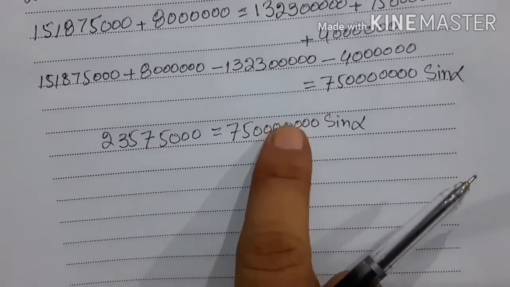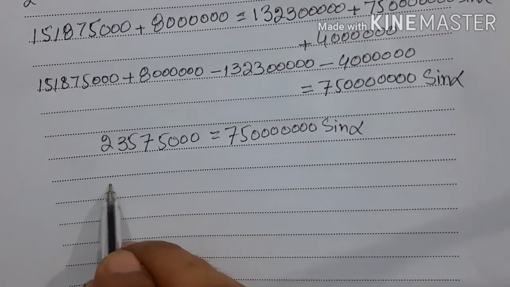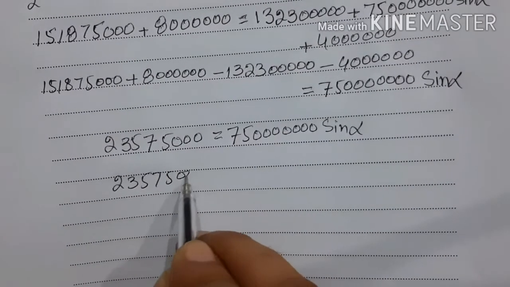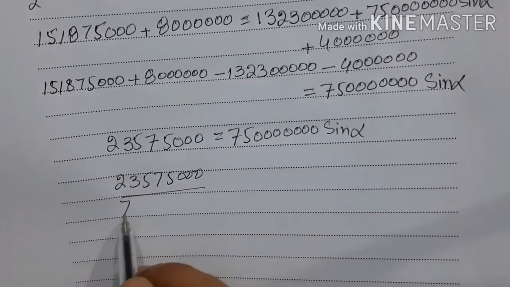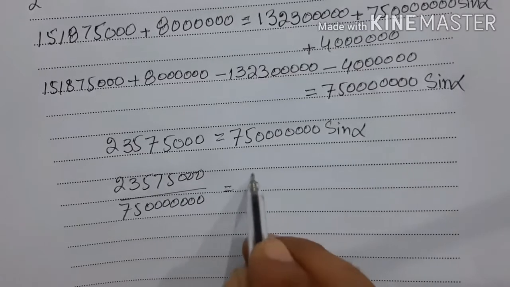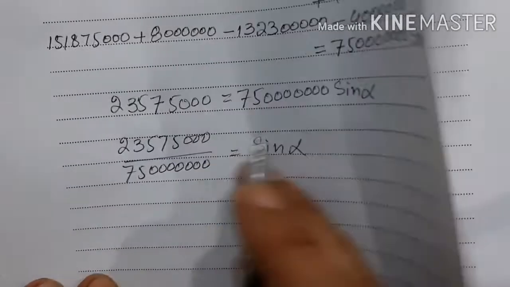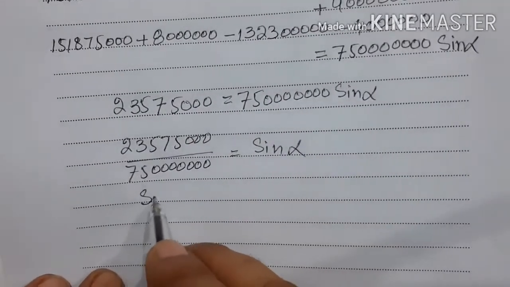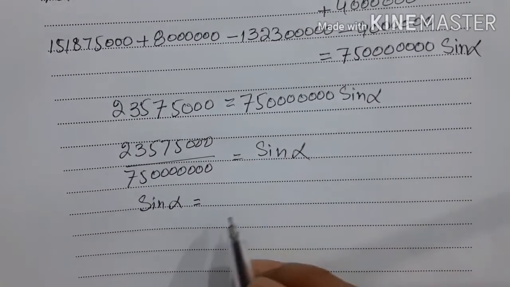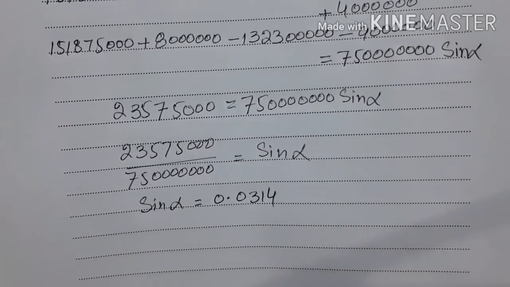So take this quantity on the other side. It will be like 2 3 5 7 5000 over 7 5 1 2 3 4 5 6 7 into sine alpha. So this will give sine alpha is equal to 0.0314.